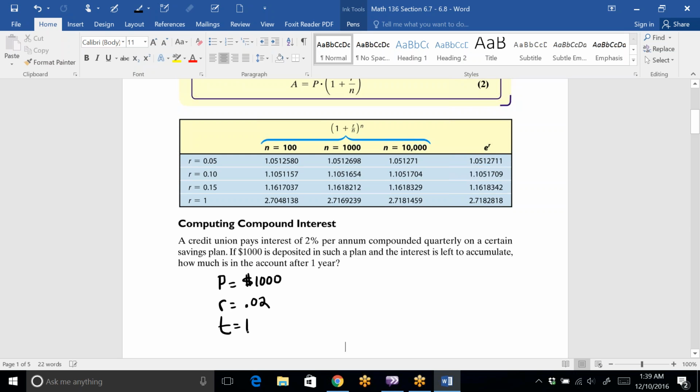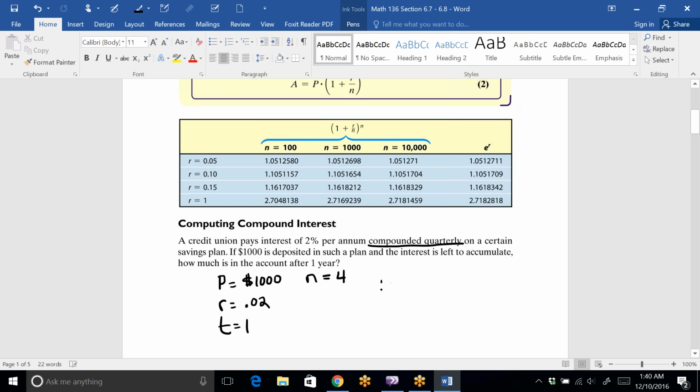Time is 1. And this does say compounded quarterly, which means this is not a simple interest problem. So n in the formula for compounding stands for how many times that happens in a single year. So quarterly would be 4.